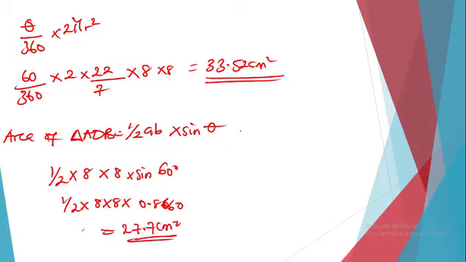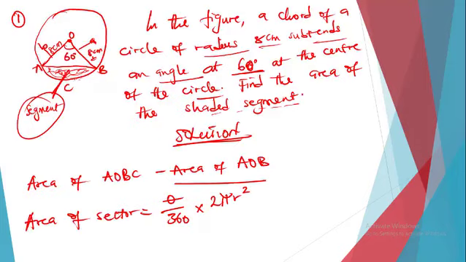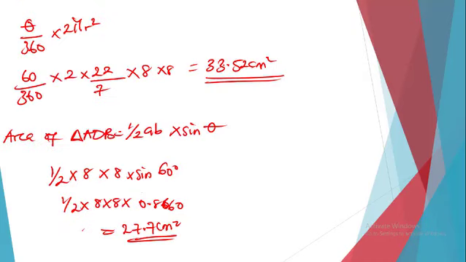Now we have to find the area of the shaded segment in the question. Like I told us, it is equal to the area of the sector AOBC minus the area of the triangle AOB. For sector AOBC, we have its area to be equal to 33.52.